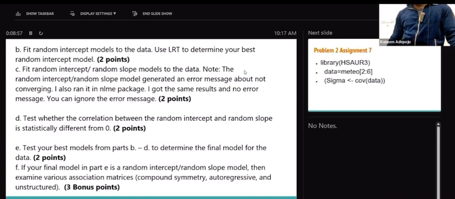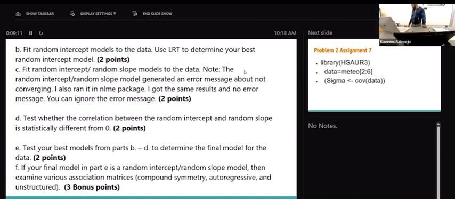Now, in the D part, test whether the correlation between the random intercept and random slope is statistically significant. I mean, it's statistically different from 0. What do I mean by that? This is a situation where you're going to choose the best, right?